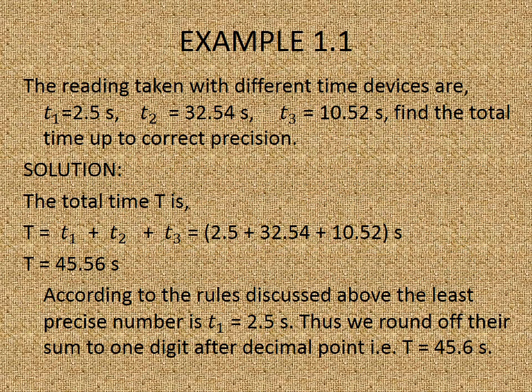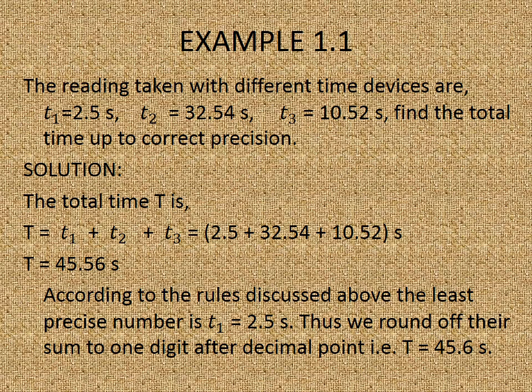Example 1.1. The readings taken with different time devices are T1 = 2.5 seconds, T2 = 32.54 seconds, T3 = 10.52 seconds. Find the total time up to correct precision.